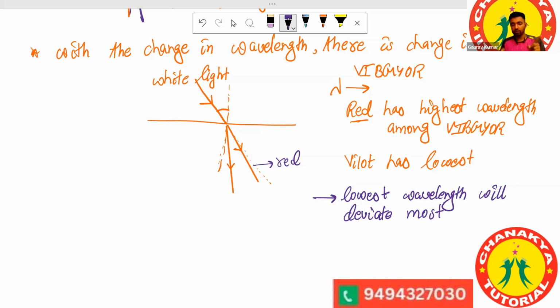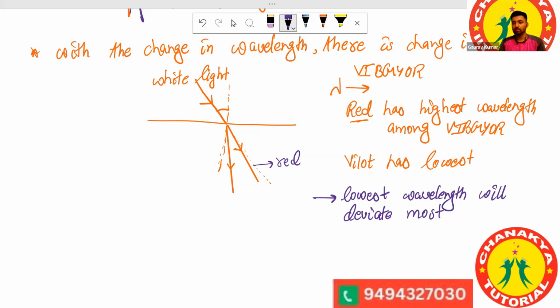The reason I'm not telling you this is that it is itself a whole concept. If I start explaining it, we will go off board. It will come to you when it is in your syllabus. How light depends on the wavelength and refractive index, and how refraction actually happens, is entirely a different thing.